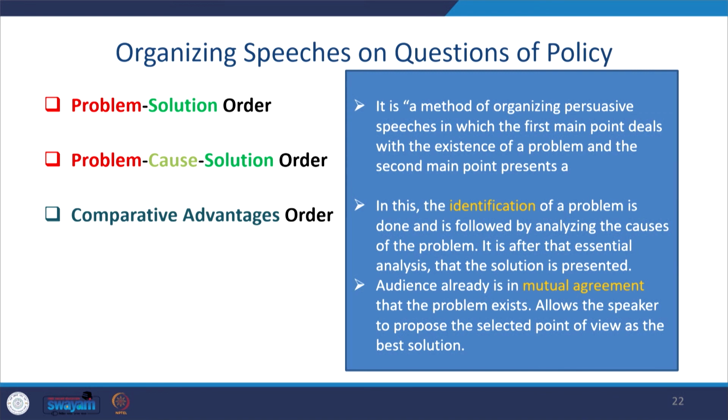Simply, the first is a way to organize a persuasive speech. In the second, one needs to identify the problem, talk about the cause, and then provide the solution.